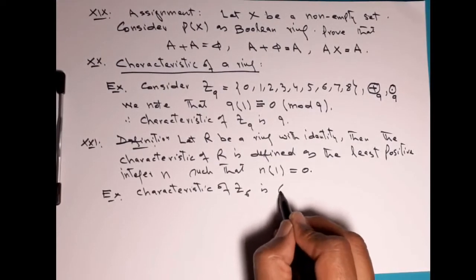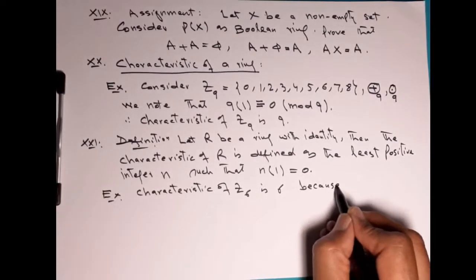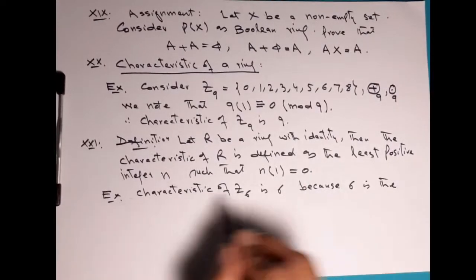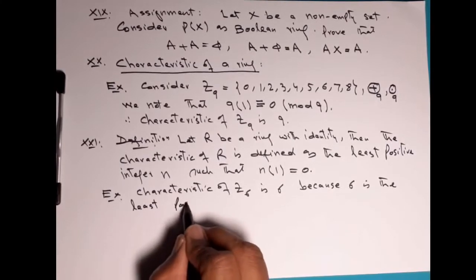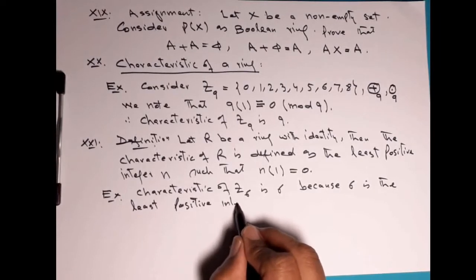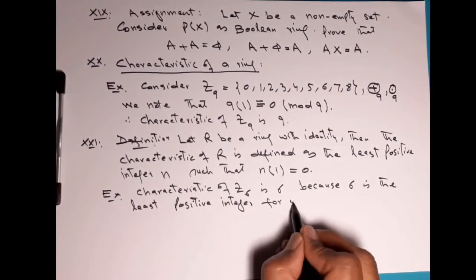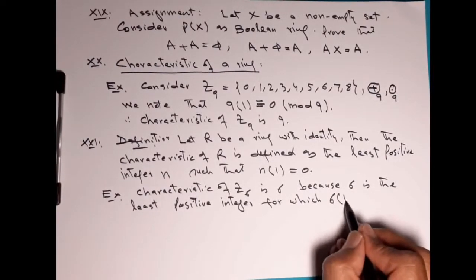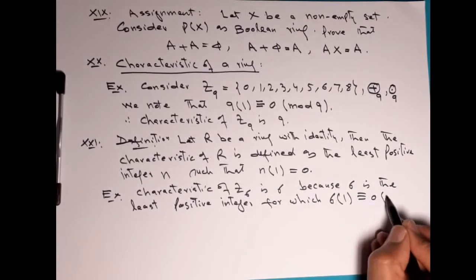It is 6 because 6 is the least positive integer for which 6 multiplied with 1 is equal to 0, in fact congruent mod 6.